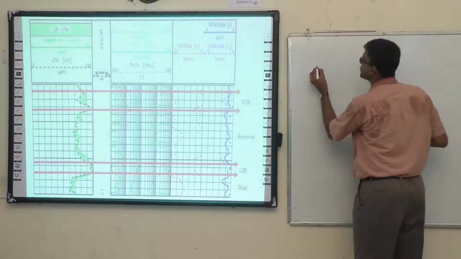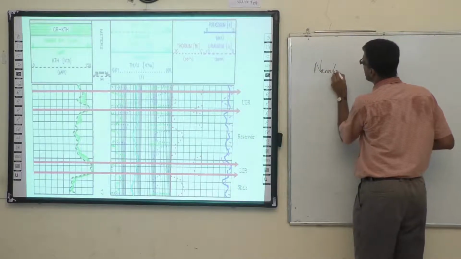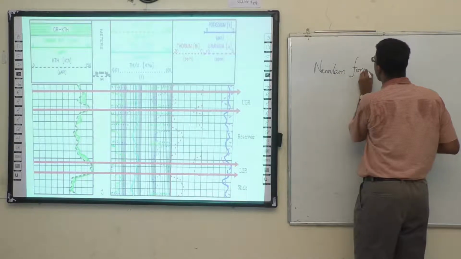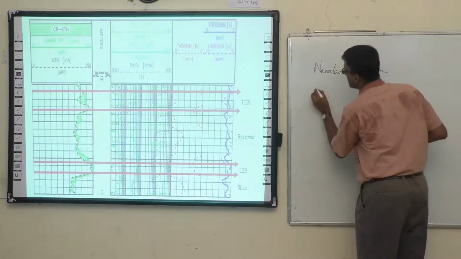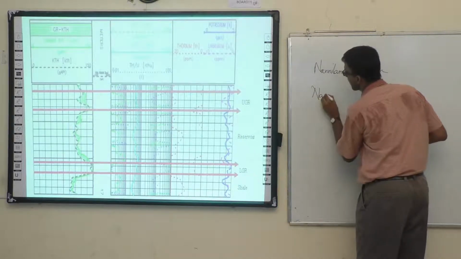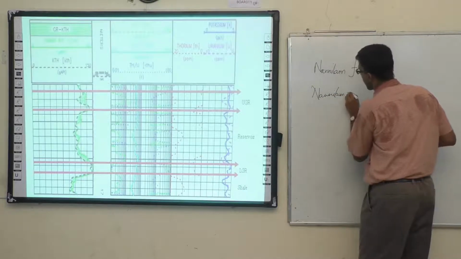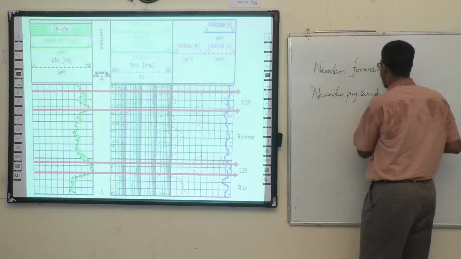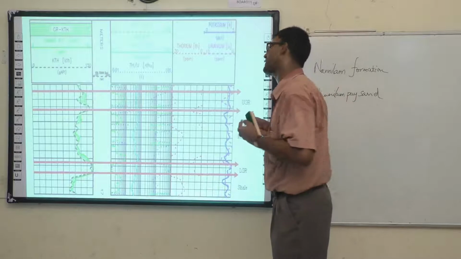There are usually two basic terms: Nandilam formation and Nandilam pay sand.